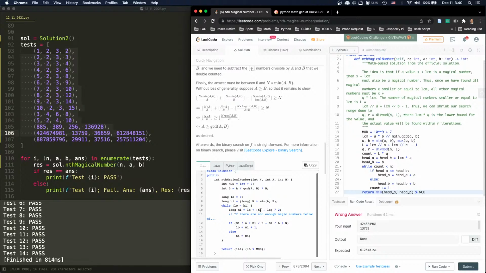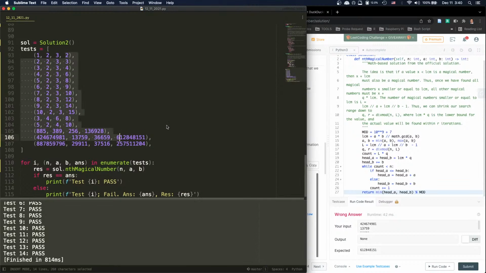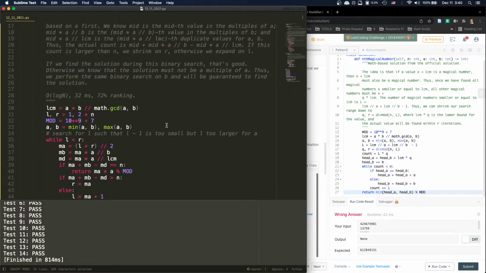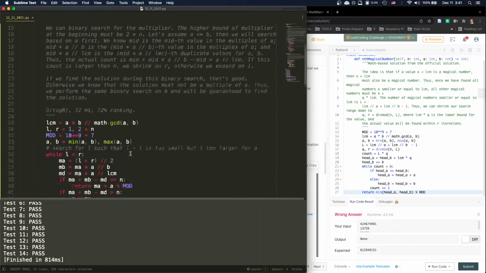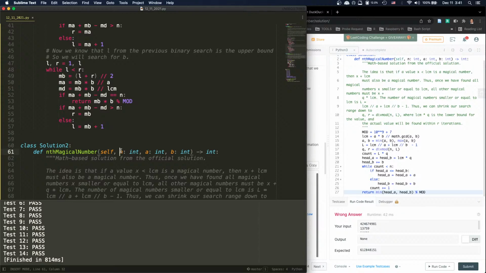And then this is the mid. And we say mid. Oh, we directly do it. Okay, we find the high value. We're already doing it. And if it's smaller than n, we can directly do it.